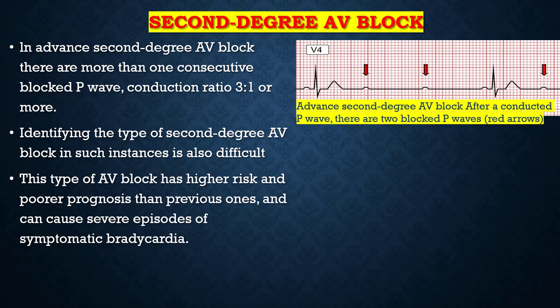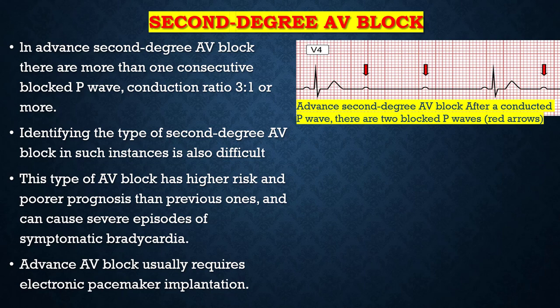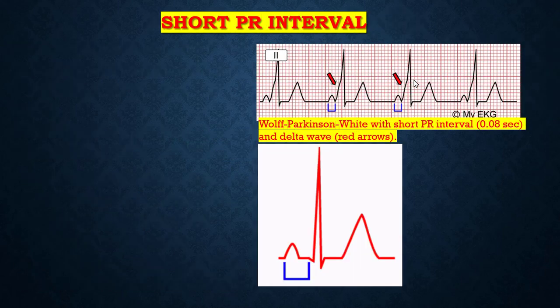The patient will complain of slow heart rate, or may also complain of other symptoms like vertigo, blurring of vision, and fatigue. Advanced AV block usually requires electronic pacemaker implantation. This type of block needs implantation of a pacemaker.